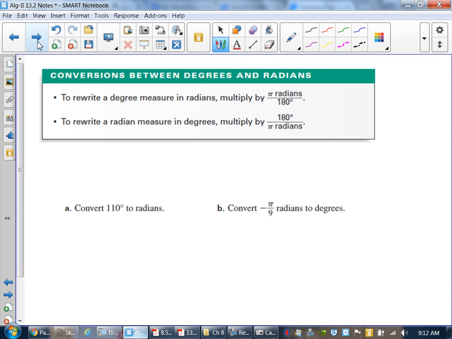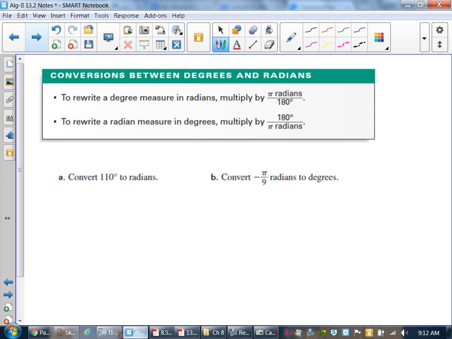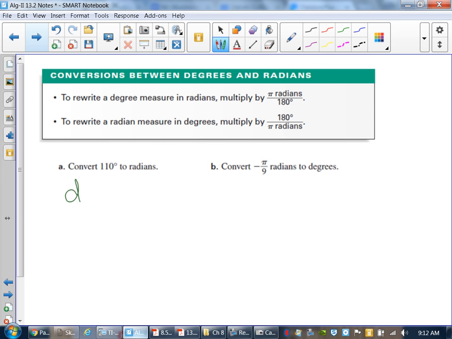But if we want to convert degrees to radians, all you do is you take your degree, slap a pi next to it, divide it by 180. Simplify it.